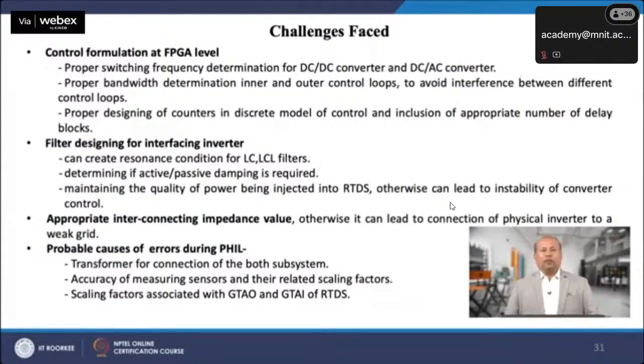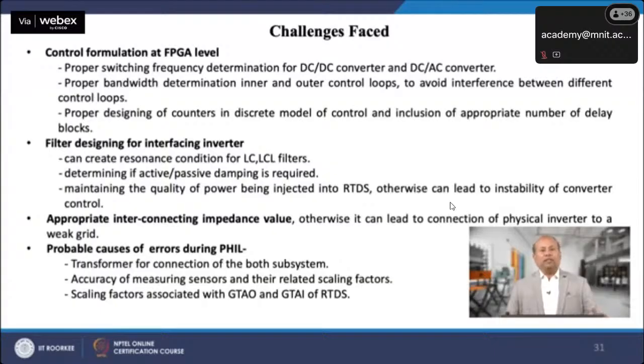Otherwise, the distorted power can even lead to instability of converter control. Precautions should be taken in deciding LC and LCL filter values in order to avoid resonance conditions. It is important to determine whether active or passive damping is required or not.